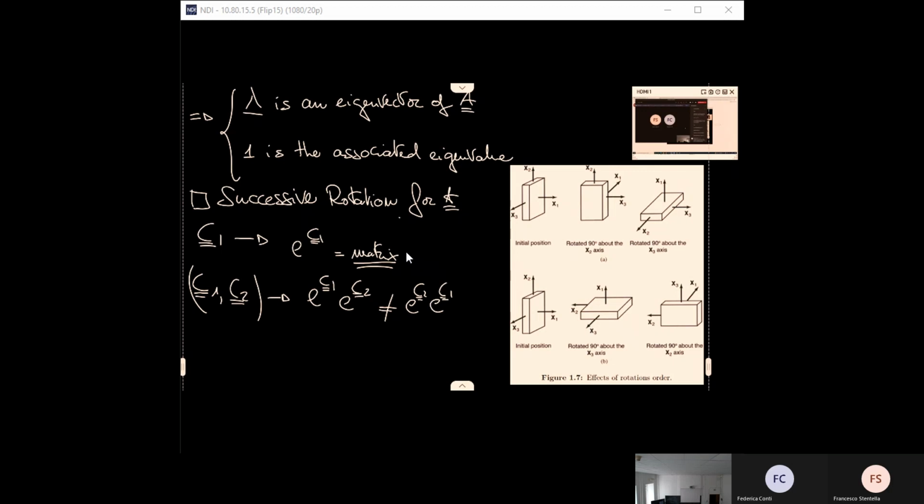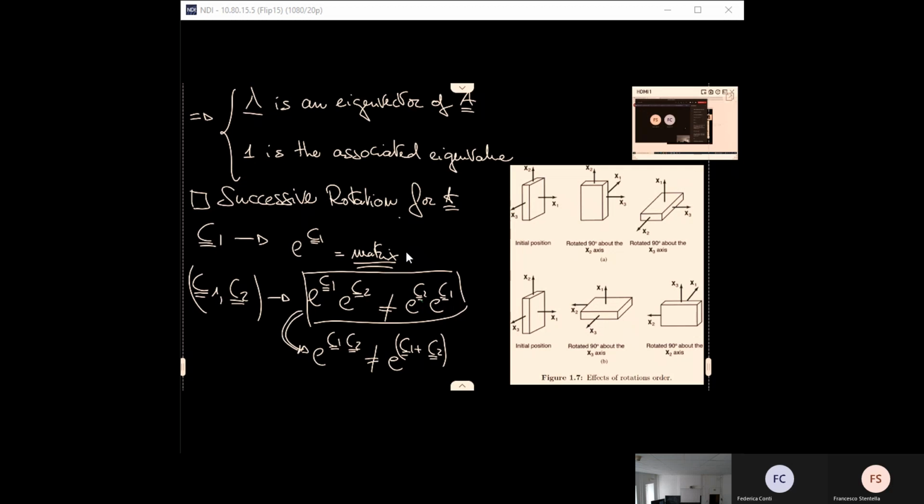This is a well-known mathematical property. In general, e to C1 times e to C2 is different from e to C1 plus C2. Of course, from the first row follows the second, because if the second were true, then the first one would follow as well. So this is just a consequence.